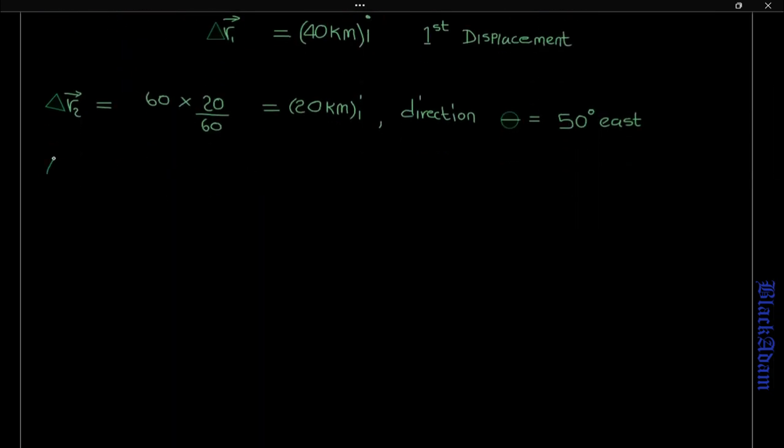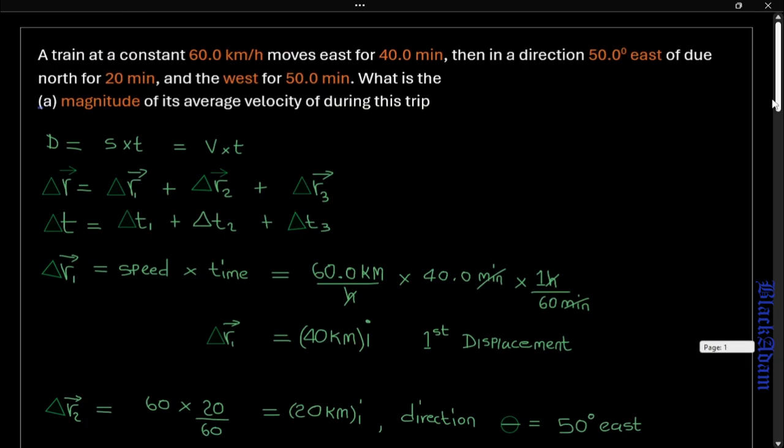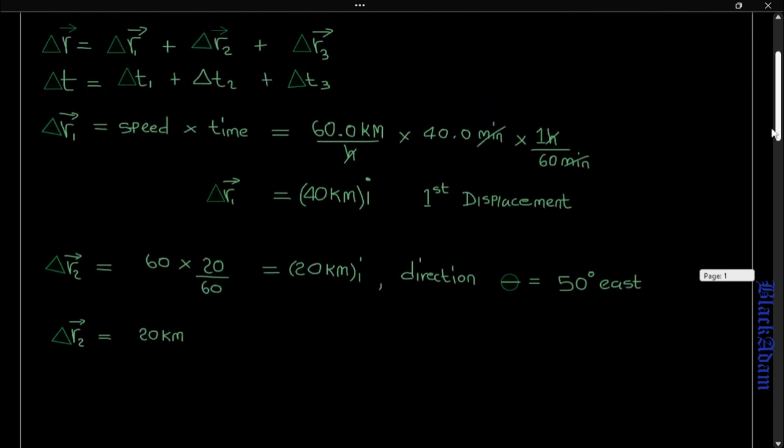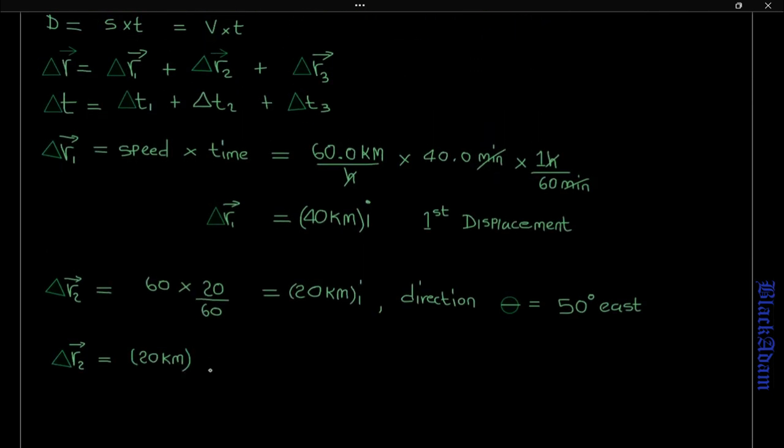So the change in displacement will be 20 kilometer multiplied by cos 50 degrees for the horizontal direction, that's i, plus 20 kilometer multiplied by sine 50 degrees. Okay, so that's j.